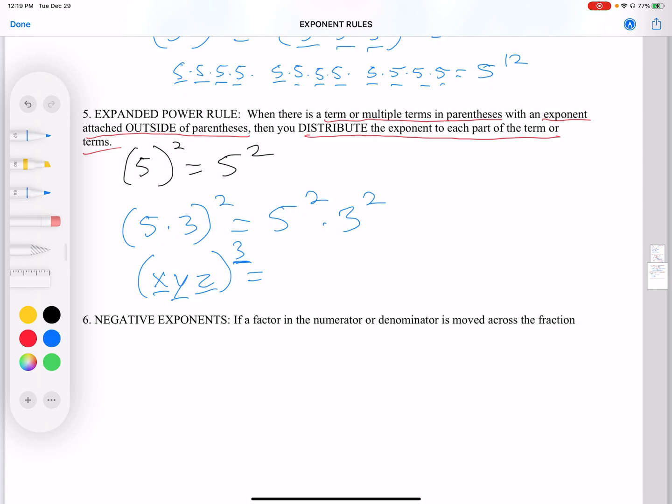So this now becomes x to the third, y to the third, z to the third, because I'm distributing this 3 to each base. Okay? And in fact, a better word than term should just be base. Let's change that up. Okay?